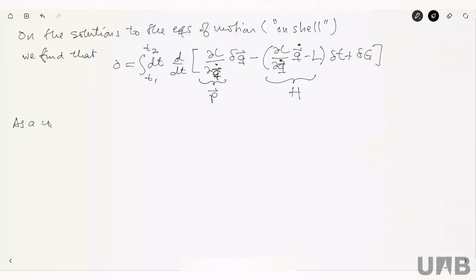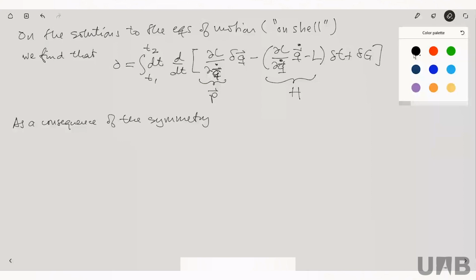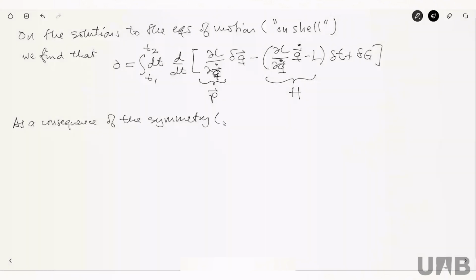So what we see is that, as a consequence of the symmetry, this whole thing has to vanish. And this is true for any t1 and t2, because the condition of the action being invariant did not use a specific t1 and t2. It was a property of the action for any t1 and t2.